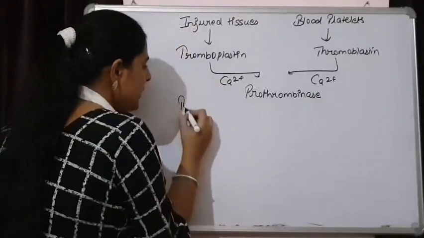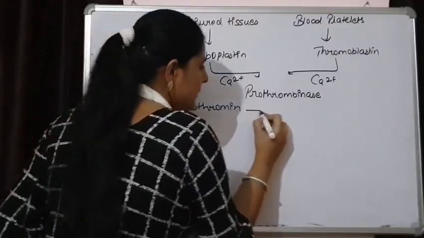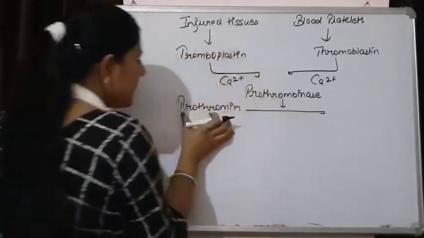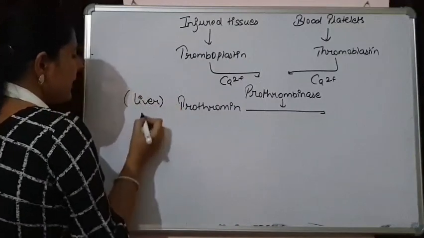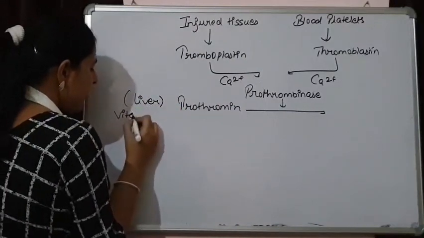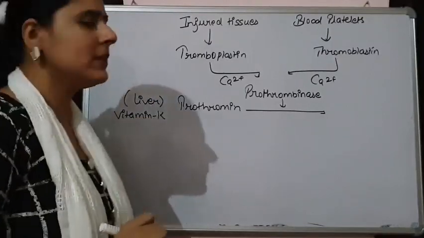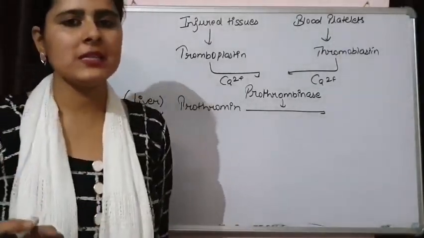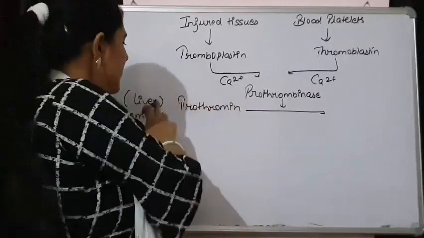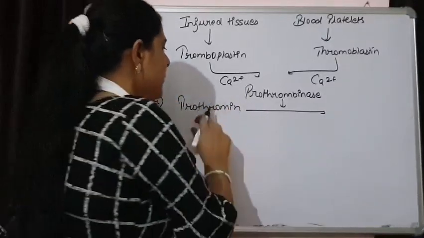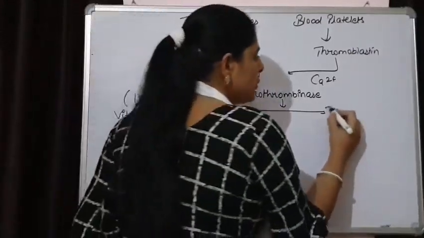It activates another blood clotting factor, which is secreted from the liver, and there is a requirement of vitamin K. Earlier I told you that for blood clotting vitamin K is required, as it is responsible for the formation of prothrombin in the liver. This prothrombin will be activated by prothrombinase into thrombin.